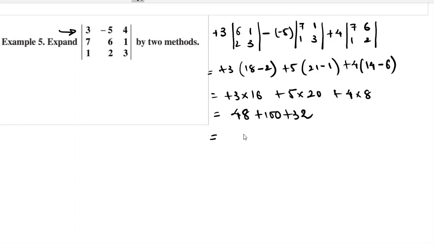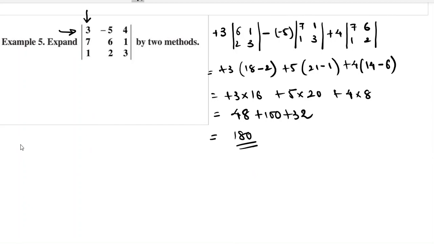So 48 plus 32 is 80. So this becomes 180. So that's one method. We have multiplied along the first row. Okay, now we'll multiply along the first column and check.